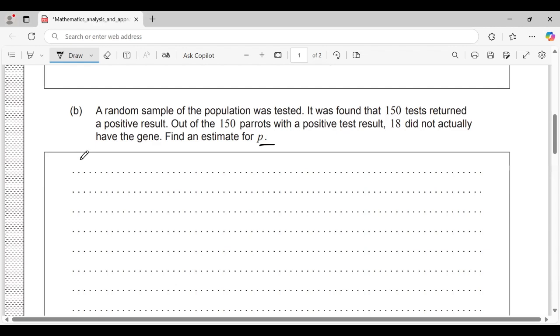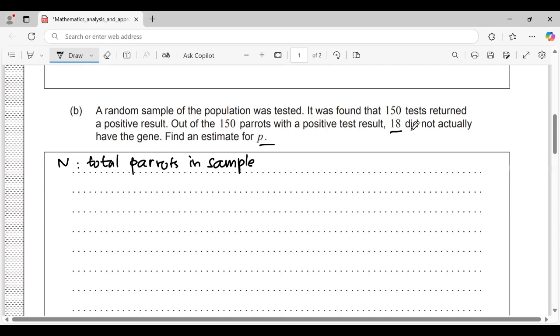I would like to use N as the total number of parrots in the sample. According to this information, 18 of 150 positive test results were false positives.